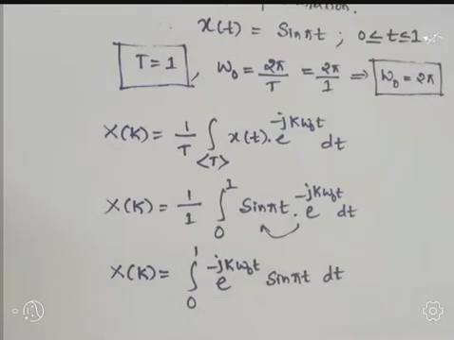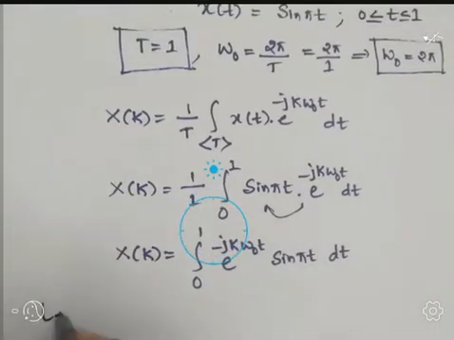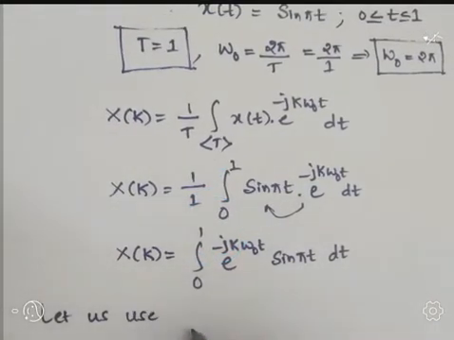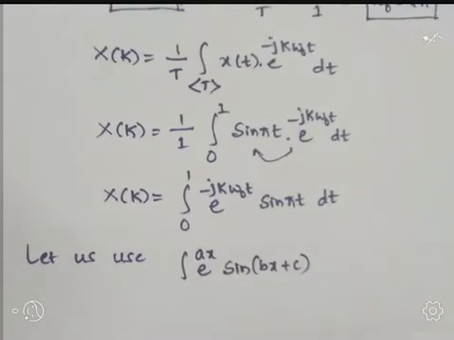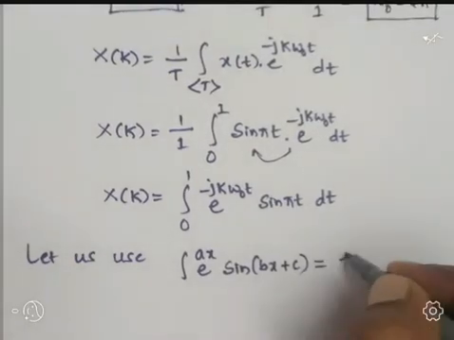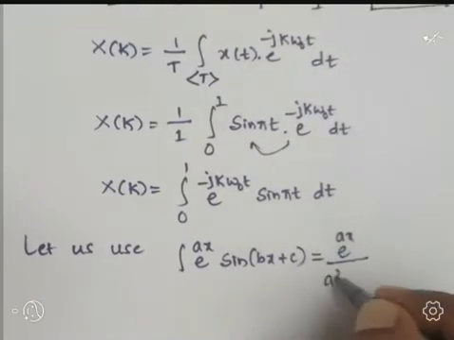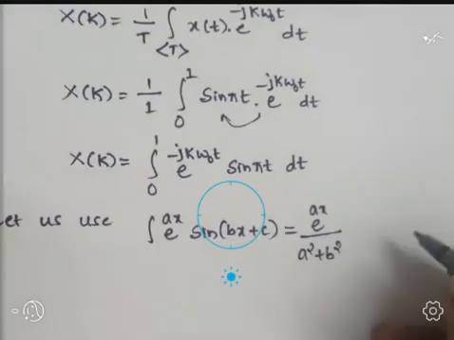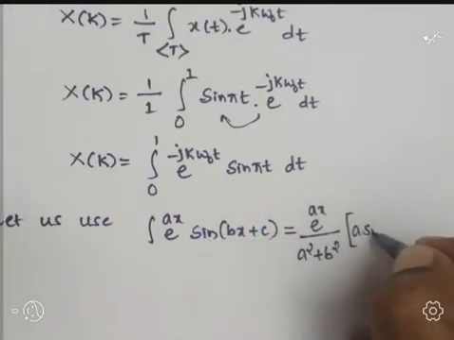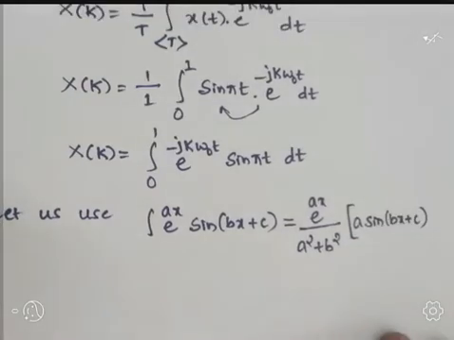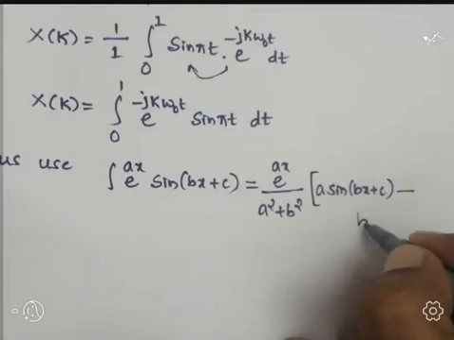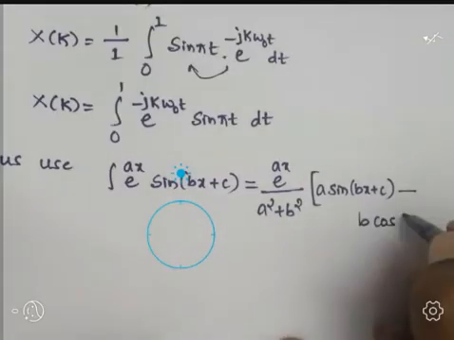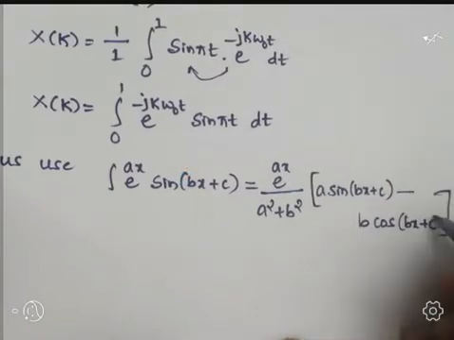This one we are going to simplify by using the formula: integration of e to the power ax multiplied by sine of bx plus c is equal to e to the power ax divided by a square plus b square, then inside the bracket a into sine of bx plus c, minus b cos of bx plus c.